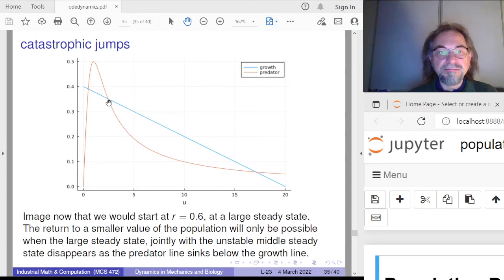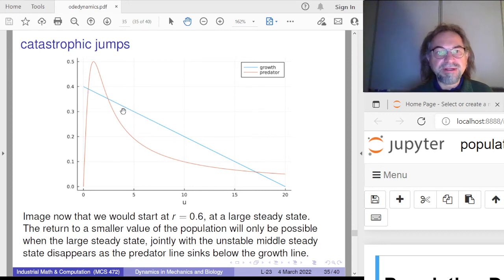So it's the middle point that needs to be joined with a larger point. The unstable middle point in the first case, when the rate of growth increases, joins with the smaller steady state. So that's when the birth rate goes up.